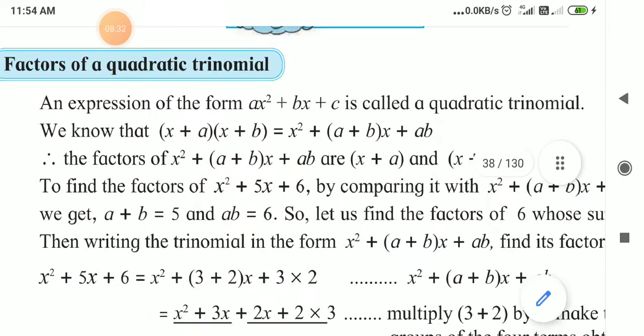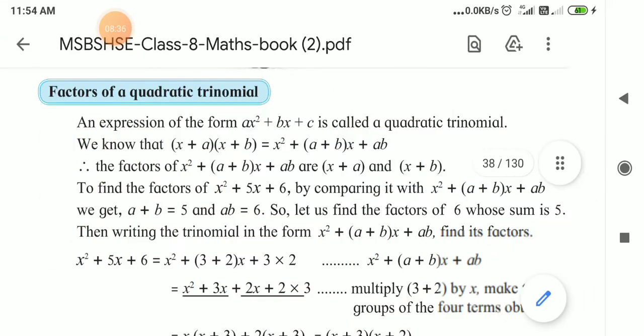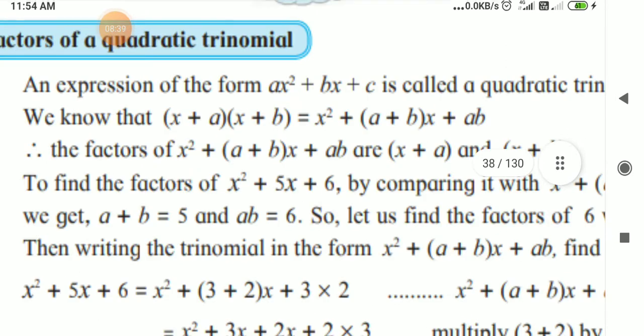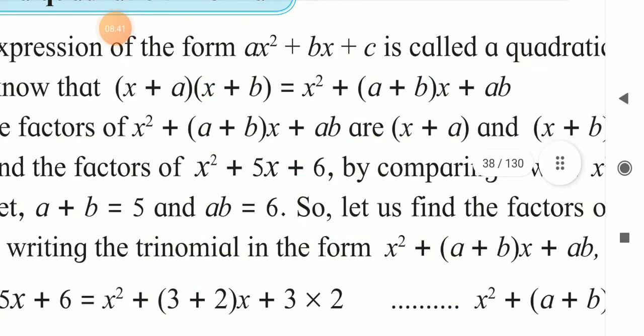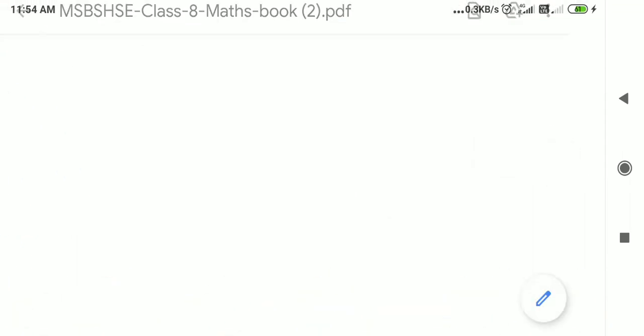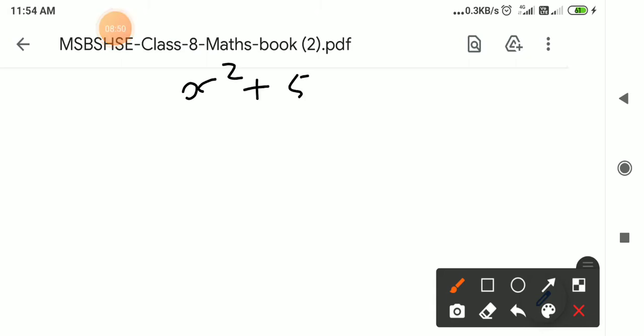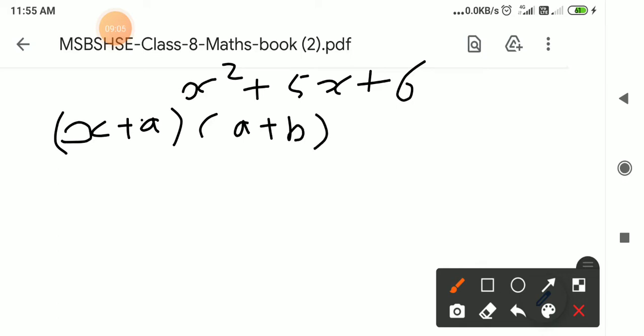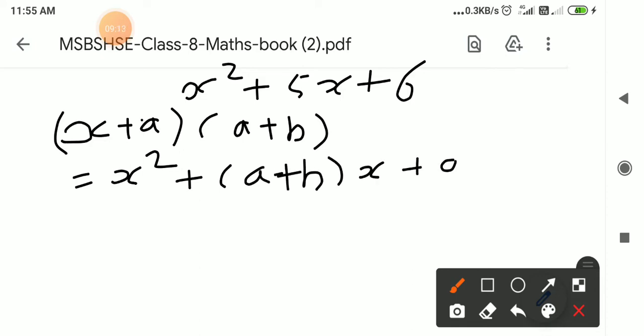Now we will see the next term. If we take this example and compare: x square plus 5x plus 6. According to the formula, (x plus a)(x plus b) is x square plus (a plus b) x plus a into b.